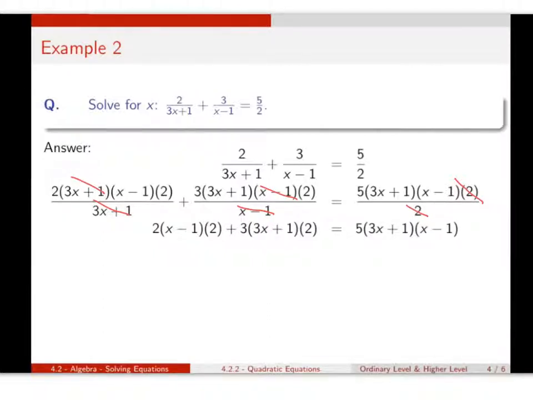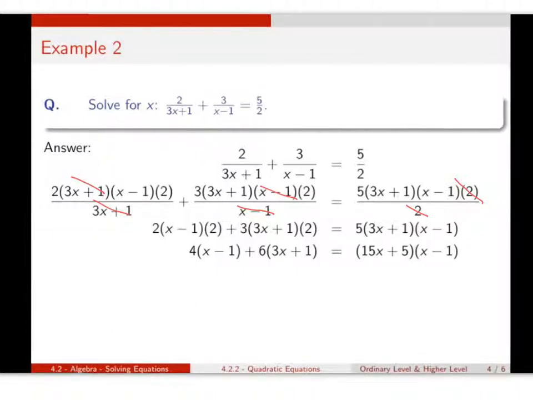Now let's multiply out these brackets to tidy up our equation. So firstly, 2 by 2 is 4 times x minus 1. We've got 3 times 2 is 6 times 3x plus 1. And on the right, let's multiply 5 into that first bracket. 5 times 3x is 15x, and then 5 times 1 is 5.